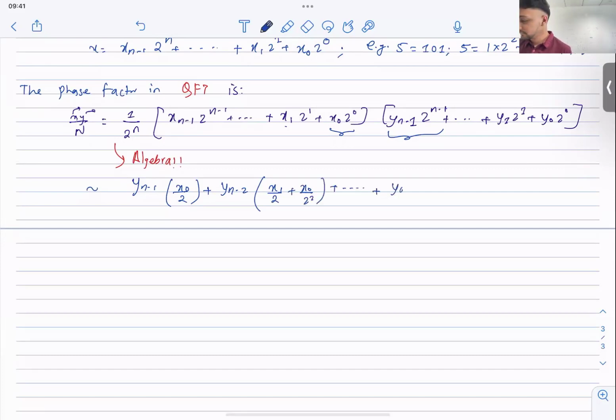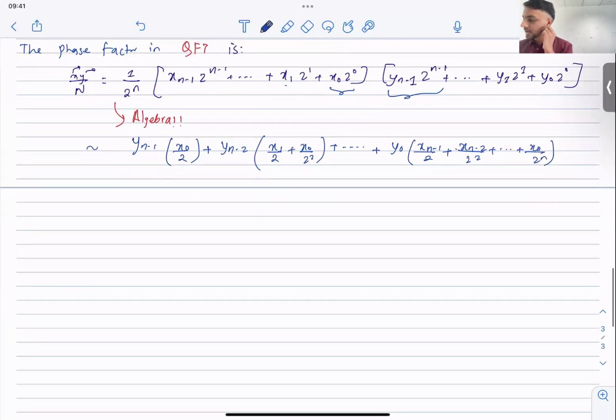I am slightly skipping a step here, but notice that if you multiply it, you'll get to this answer. The key thing to remember here is that I am essentially ignoring all the terms with power of 2 to the n or more.